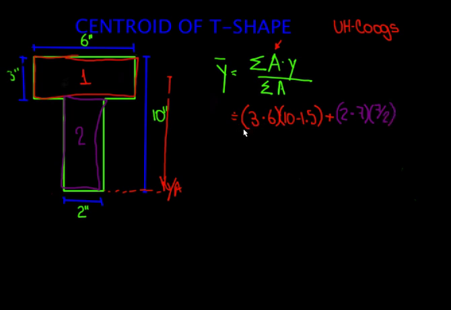Now we're gonna divide all of this by the summation of the areas. So we're gonna have 3 times 6 plus 2 times 7.